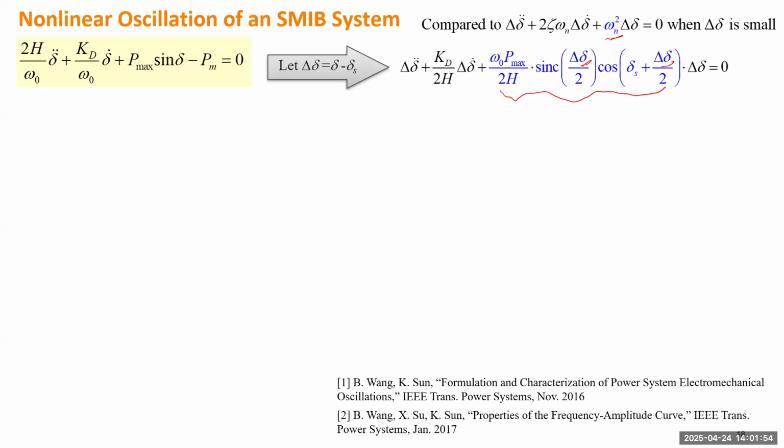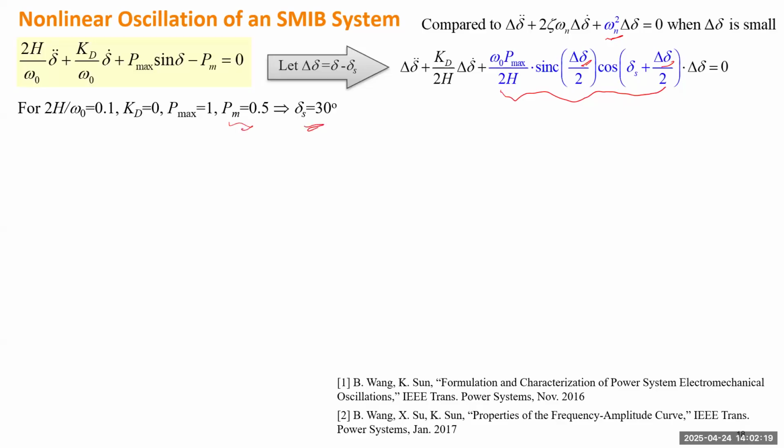Which means when the single machine infinite bus system oscillates under large disturbance, that oscillation is not linear. If it has a frequency, the frequency is not constant. It's a varying frequency. So let's give the system some values. Like if we assume the inertia, we assume zero damping, we assume the maximal power, and also the equilibrium point.